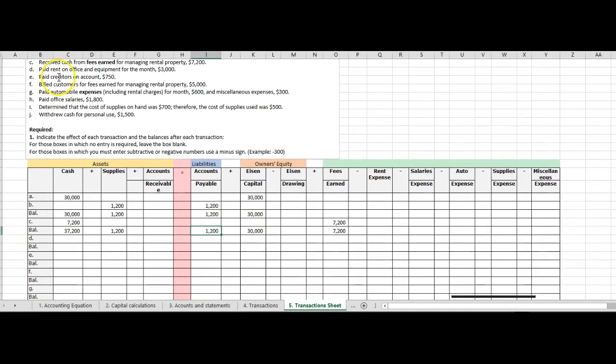D. I paid rent on office equipment for the month for $3,000, which means I'm going to deduct $3,000 here. And that's going to be a rent expense. So that's going to be a deduct in the negative sense.